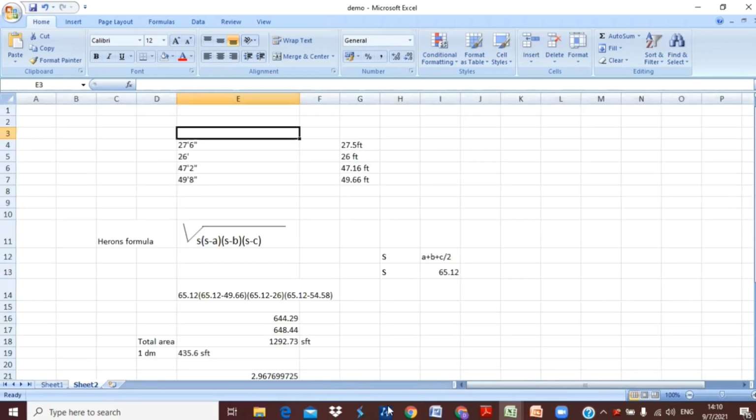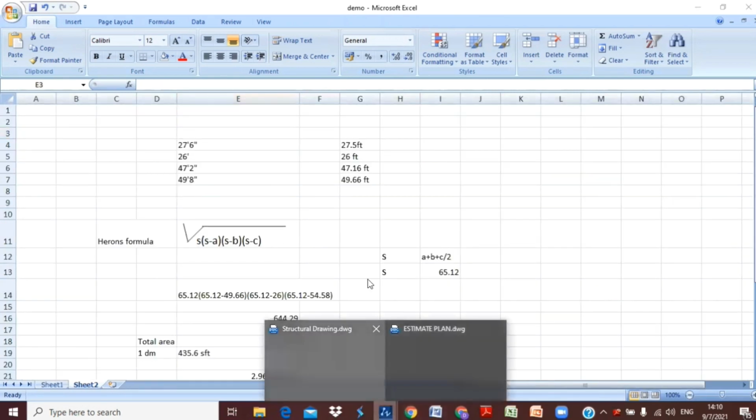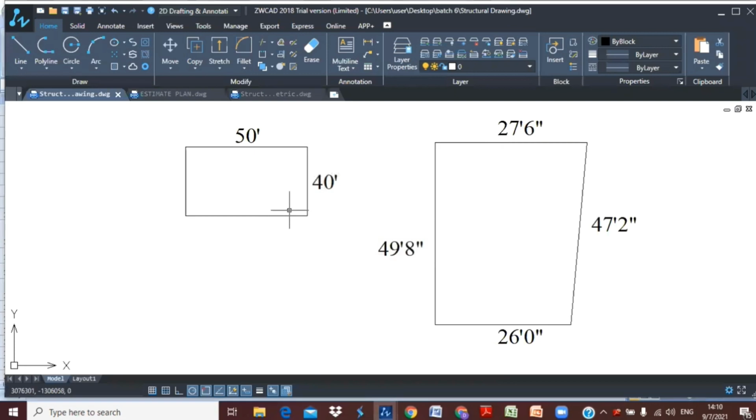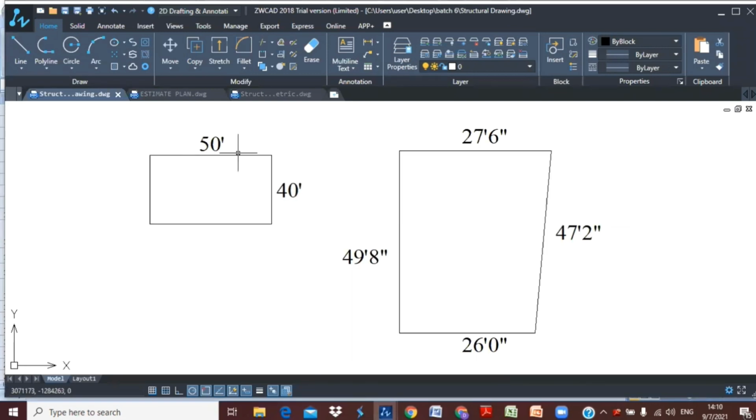So I will take you to the structural drawing. You can see here, as I have said, this is our regular surface. This length L is 50 feet and this B is 40 feet. In this video, I will provide you two methods, and you can easily find the area by any of the two methods.